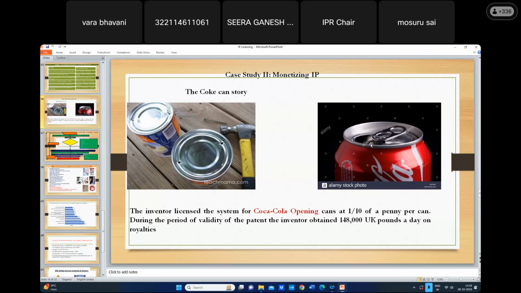But if you see the kind of money he gets as a royalty, it is about 1,48,000 pounds per day. 1,48,000 into about 100 rupees on average, approximately he gets 1.5 crores every day as a royalty from this technology, as long as this technology is in force. Do you think we don't have that kind of intellect with us?